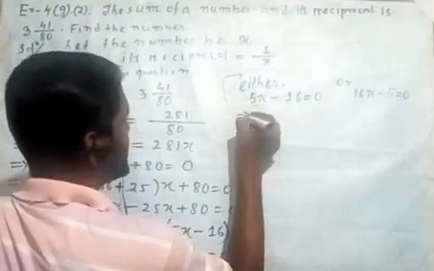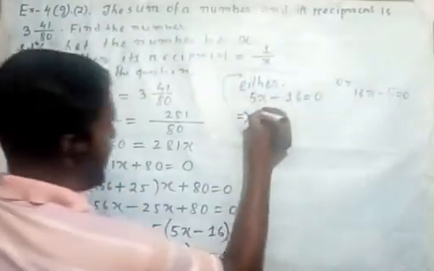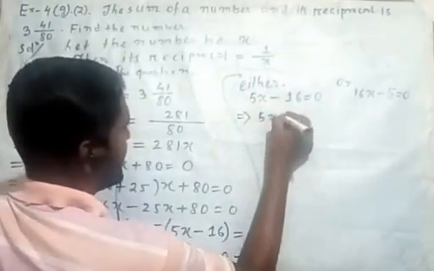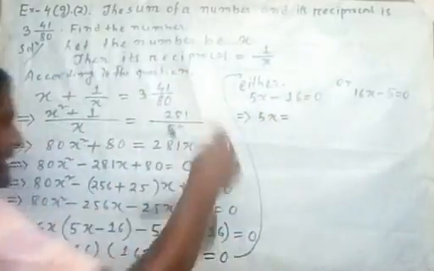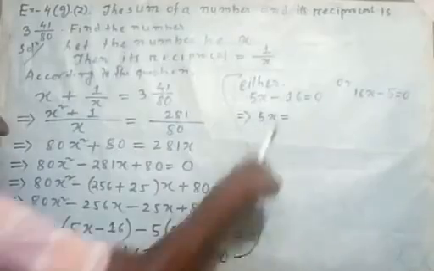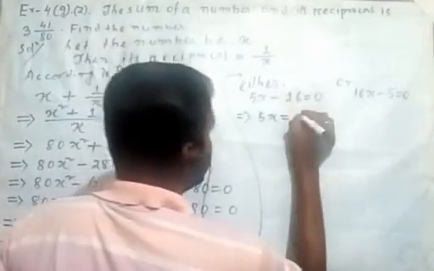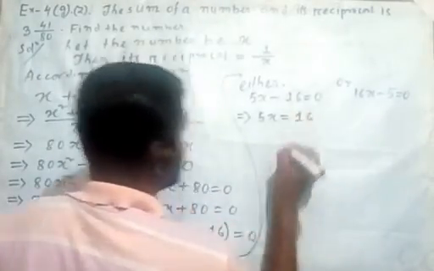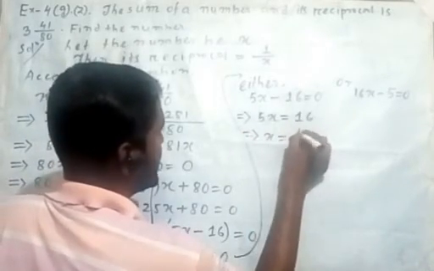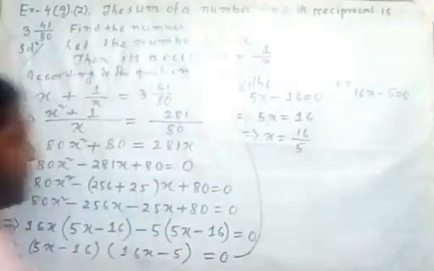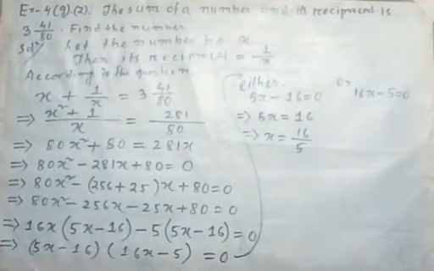This implies 5x equal to plus 16. Minus 16 changing the side will be plus 16. This implies x equal to 16 divided by 5.